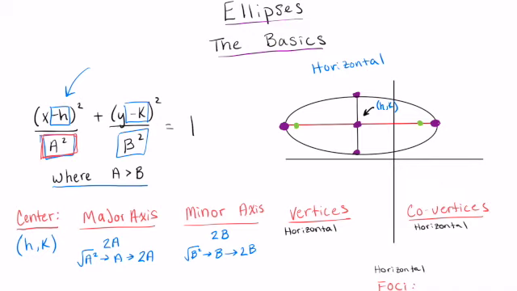Which means that from my center to my co-vertices is going to be a length of B, and the length from my center to my other co-vertices is a length of B. All right, so remember, that major axis piece, that's a length of A, that's a length of A, and then that minor axis is a length of B, and so forth. That's extremely helpful for me in regards to my vertices when I'm talking horizontal.